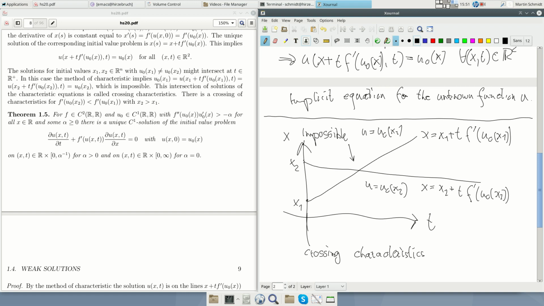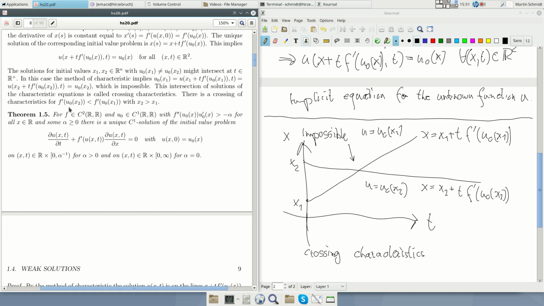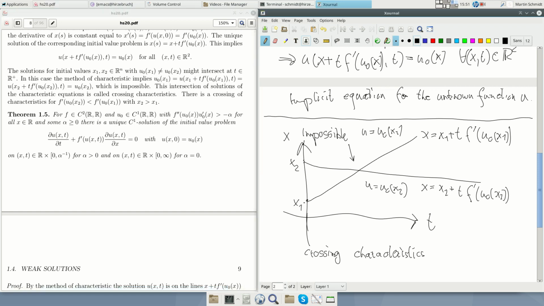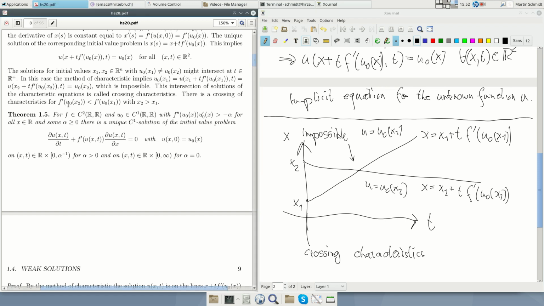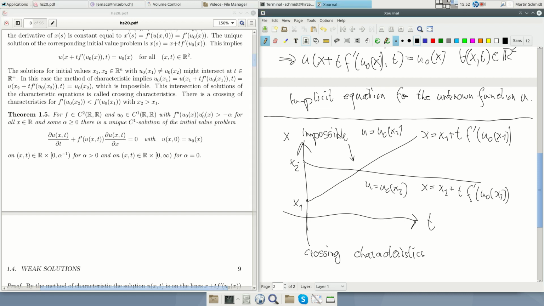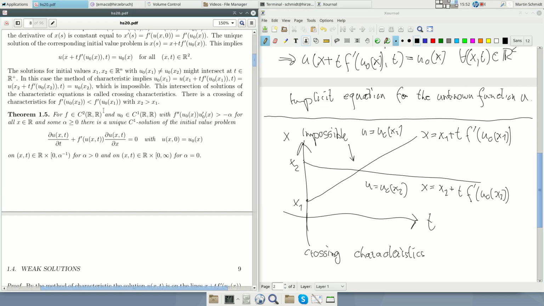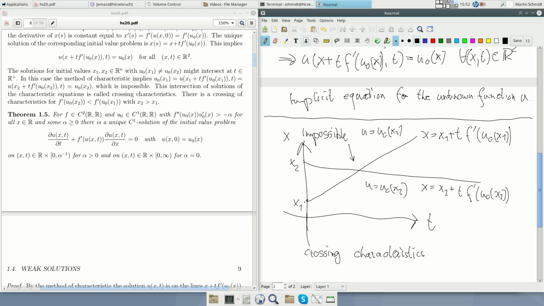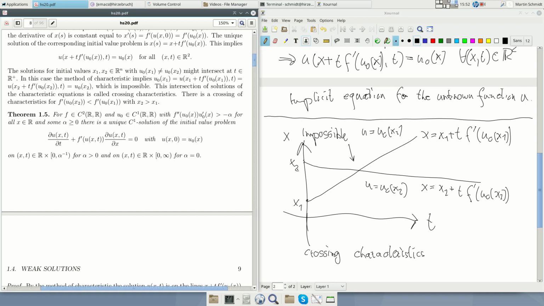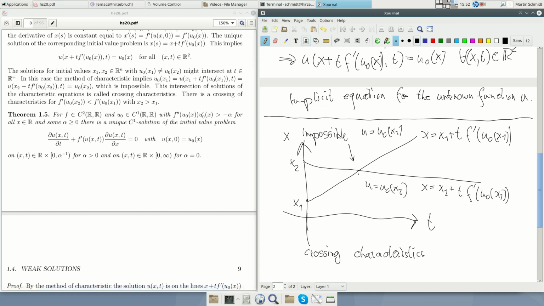So here we have exactly such a situation. When we have two values, x1 and x2, with x2 larger than x1, but the slope of the characteristic line at x2 is lower than the slope of the characteristic line through x1, then they intersect for positive times.